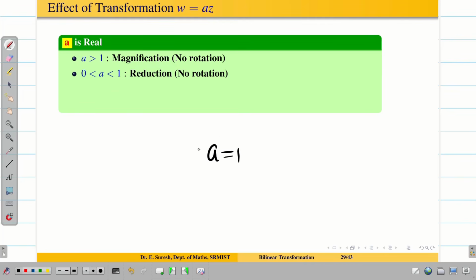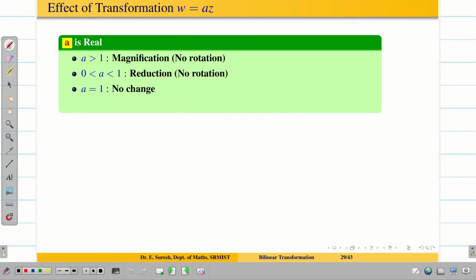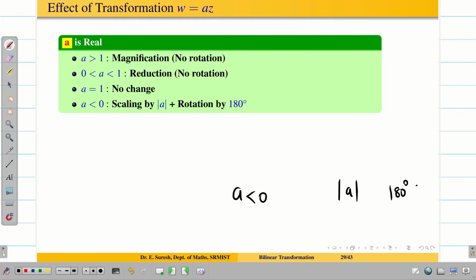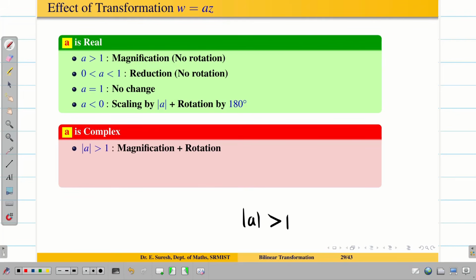If A = 1, then we get W = Z. Both planes are the same, there is no change. And when A is less than 0, we have a scaling factor mod A, and then there is a rotation by 180 degrees.